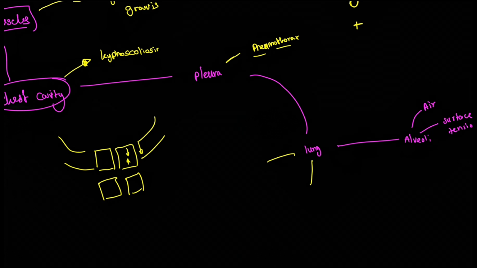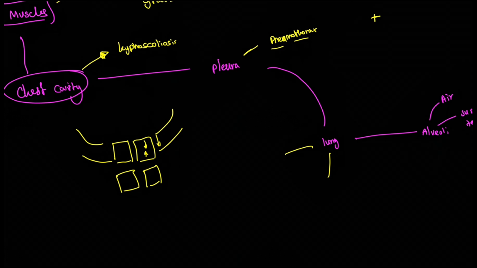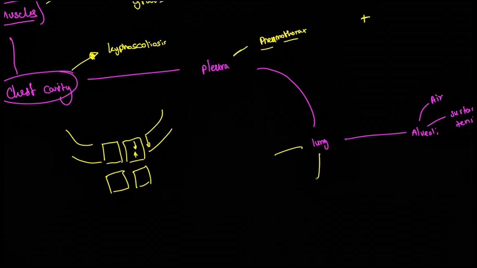Then emphysema reduces the tissues inside of the lungs, which causes the lungs to expand easily. I'll talk about it in a clinical video about obstructive pulmonary disease and restrictive pulmonary diseases. But now it's pulmonary fibrosis and emphysema.